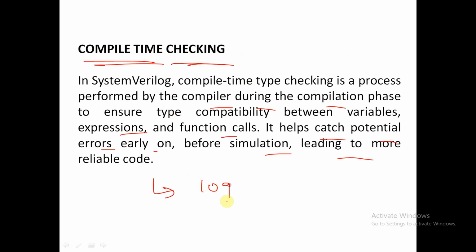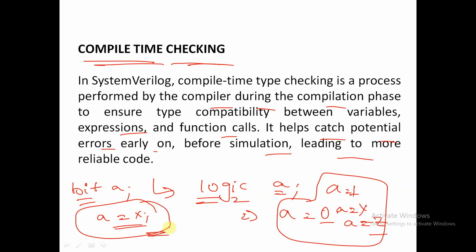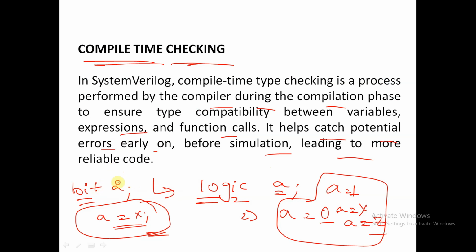If we have declared a variable as logic a, we can assign a is equal to 0, 1, x, or z, so these are the compatible types. Logic a can take 0, 1, x and z. But if we declare bit a and try to assign a is equal to x, then it is not compatible, so the compiler will give us an error, since a bit can take only two possible values, 0 and 1.